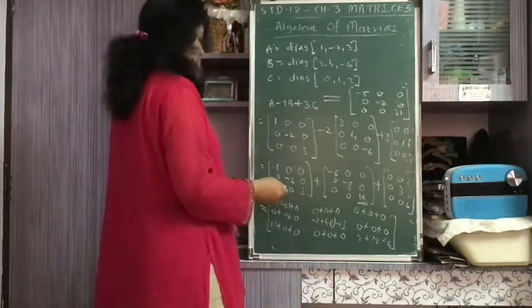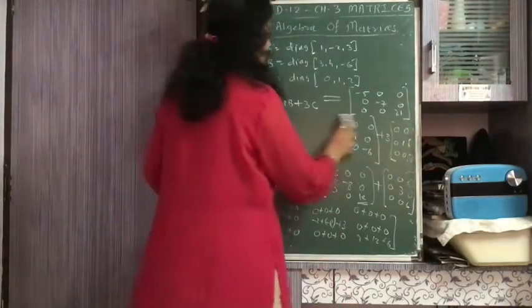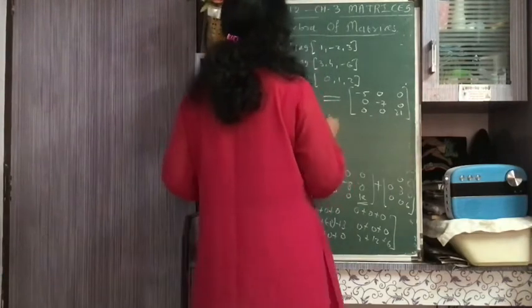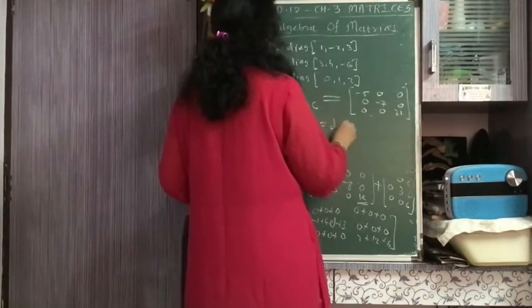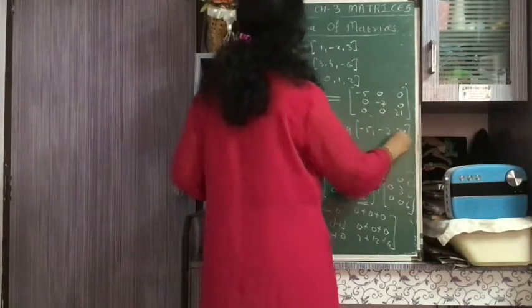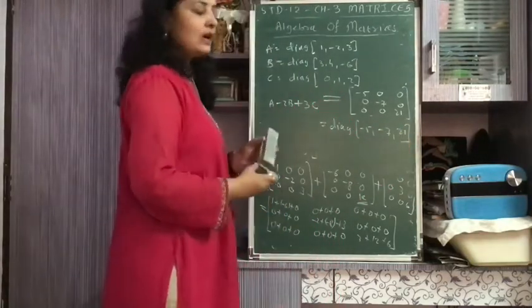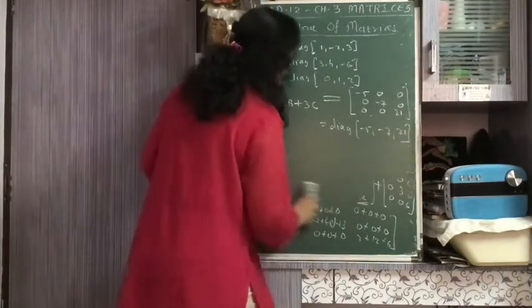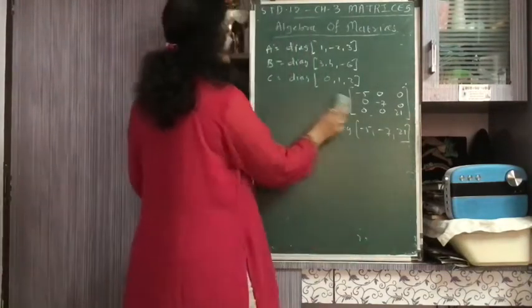As you can see here also all non-diagonal elements are 0. So in short, we can write it as a diagonal matrix minus 5, minus 7, 21. So this is how you can use the addition, subtraction and scalar multiplication.